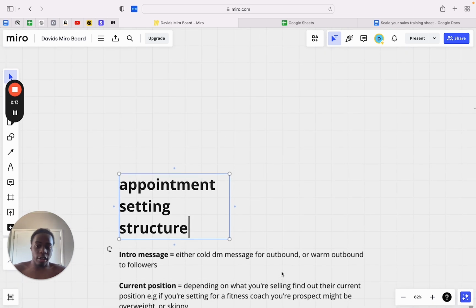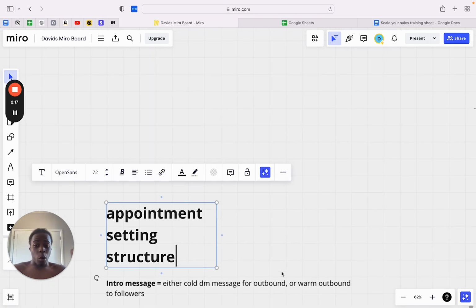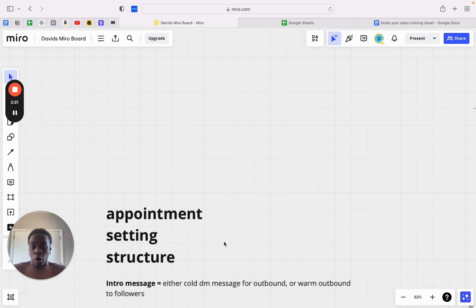So the first part of the structure, the first part of the flow chart in a sense, is the intro message. Your intro message is either a cold DM for outbound appointment setting. I spoke about this in the first video.